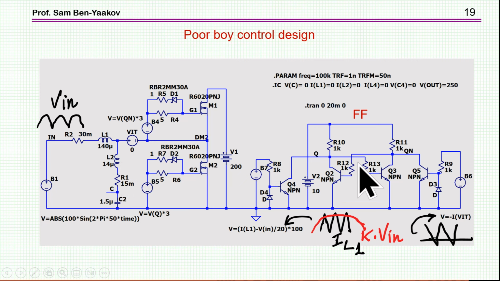I've set up here a flip-flop to change the drive of these two transistors, and the condition for this flip-flop to move from one case to another, that is for this transistor to go on or this one, is the following. If the current of the inductor is reaching the value of a scaled Vin, and the scaling is per the power that you need, so this ripple plus the DC represent this input current.